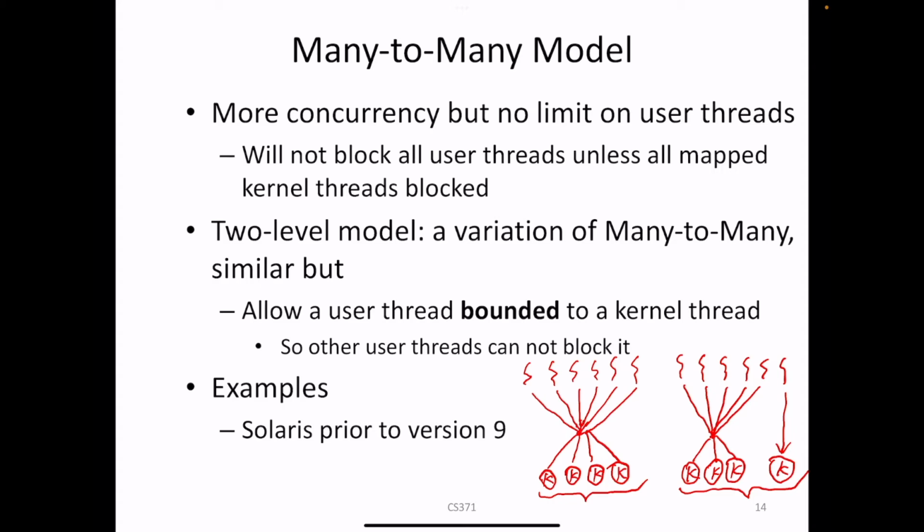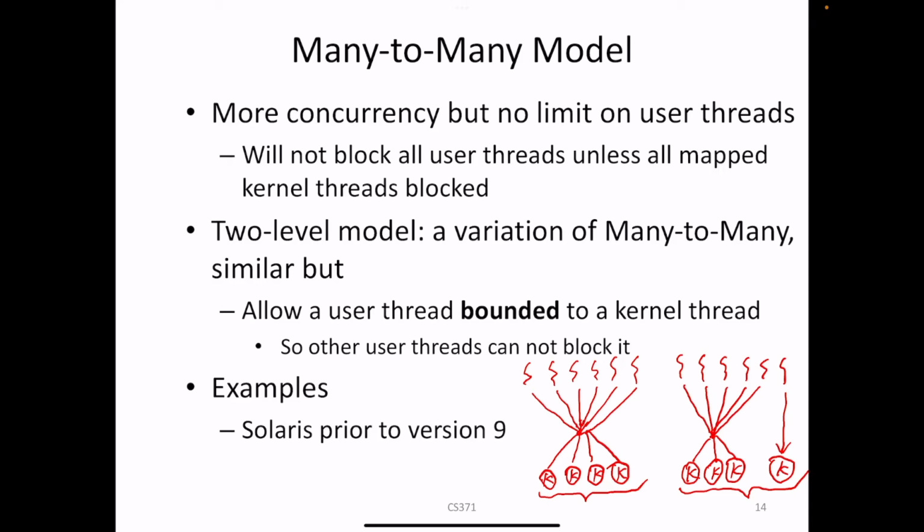If one user thread has been blocked, only one kernel thread will be blocked. We still have 3 kernel threads that can be used to map other user threads, unless all mapped kernel threads are blocked. Also, since many user threads can map to many kernel threads, the number of kernel threads won't confine the number of user threads.